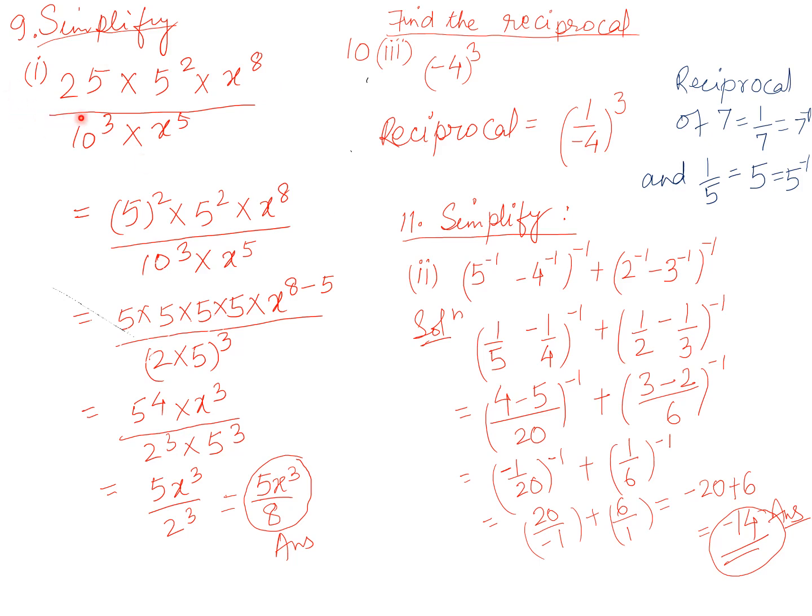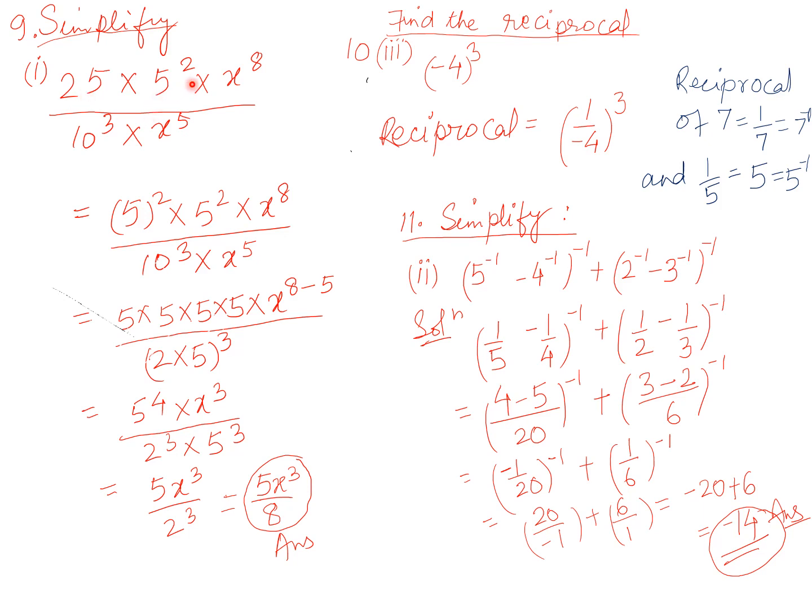So the first question is 25 into 5 to the power 2 into x to the power 8 divided by 10 to the power 3 into x to the power 5. Now here your main concern should be to try to make all the numbers with a common base if it is possible, so that the cancellation becomes easy. 25 can be written as 5 to the power 2, isn't it? Yes, because 5 fives are 25.